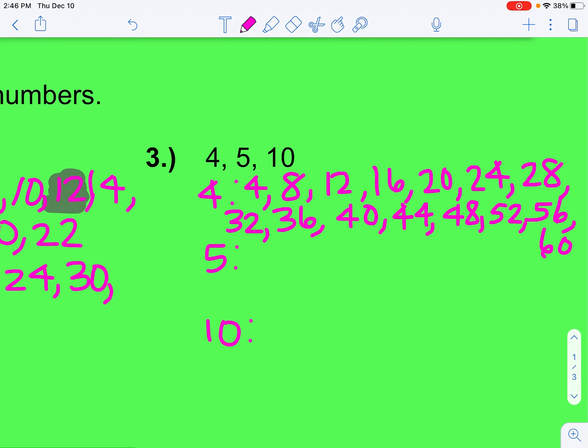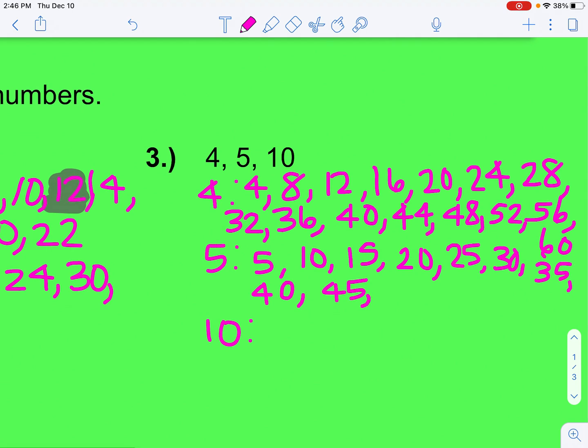Okay, now let's do tens. Or, sorry, fives. 5, 10, 15, 20, 25, 30, 35, 40, 45, 50, 55, 60.